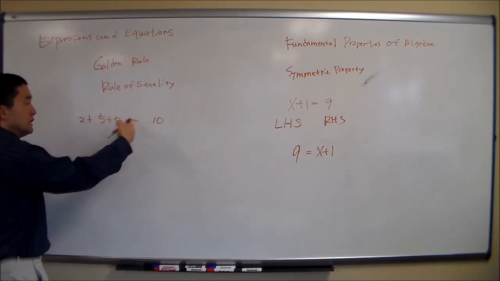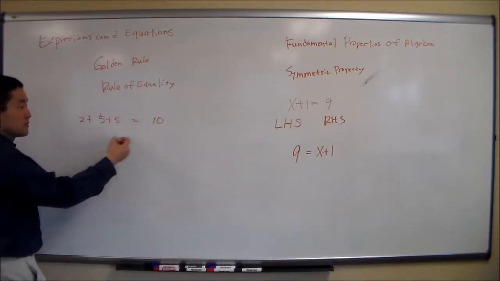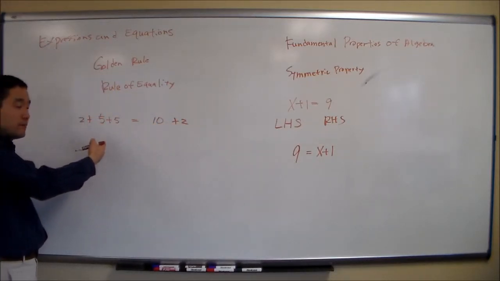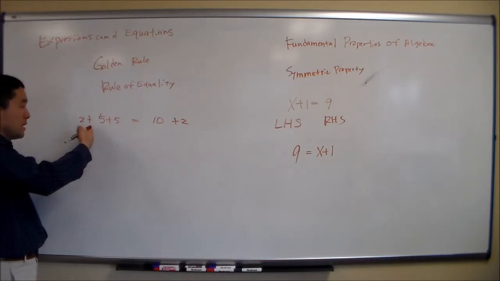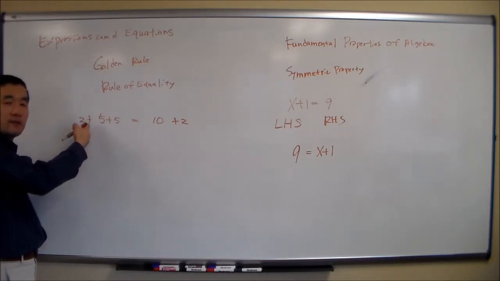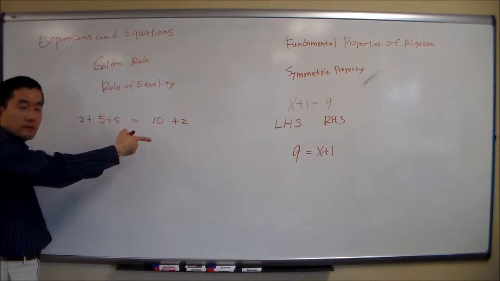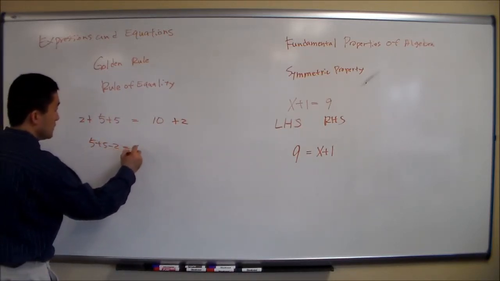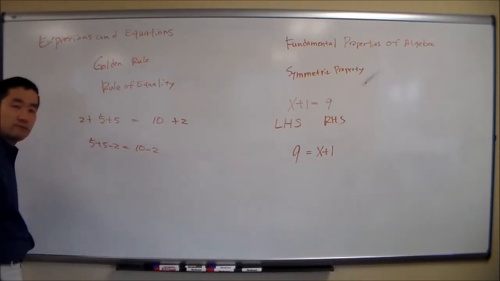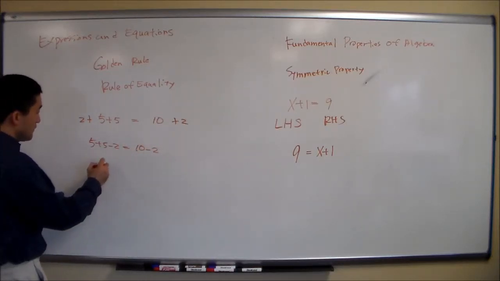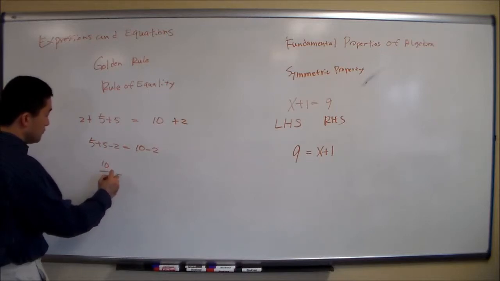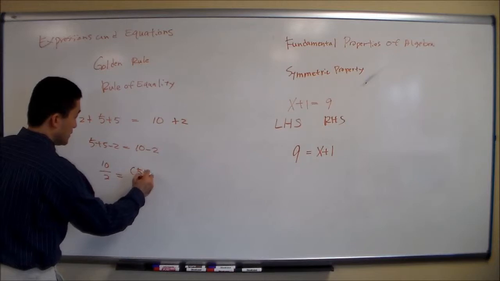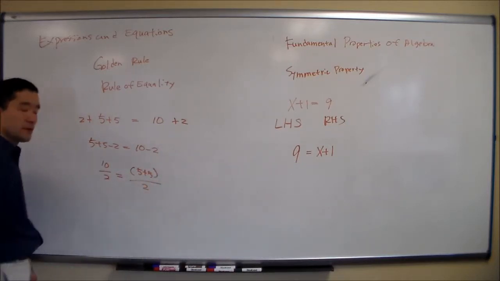To keep this equation equal, what I have to do is add the 2 over here. That's the rule of equality. If you do anything to one side, in this case, add 2, you get to do the exact same thing to the other side, add 2 to the other side. Or if I subtract the 2, I have to also subtract the 2. If I divide the 10 by 2, then I have to do the same thing to the other side.